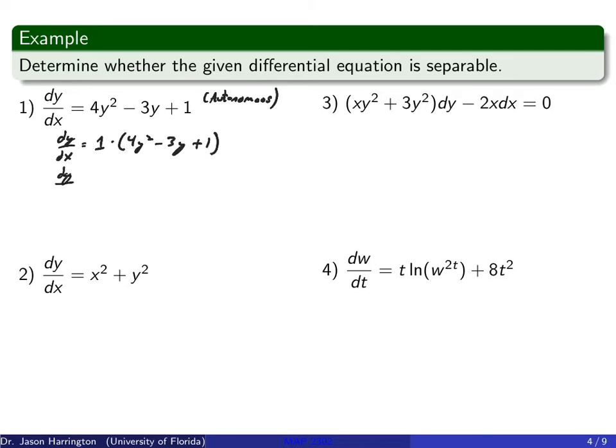And so my dy over dx is equal to g of x. But g of x is just this constant, and that's okay. A lot of students think it's not, but that's perfectly a legitimate g of x, just a constant function. And our p of y corresponds to that little polynomial in terms of y. And so this is, in fact, separable.